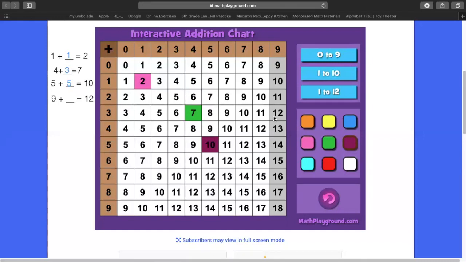So try to do it on your own, and then we'll do it together. Remember, draw with your finger from 9, all the way down to 12. See what number it matches with. Raise your hand when you're ready to give me the answer.